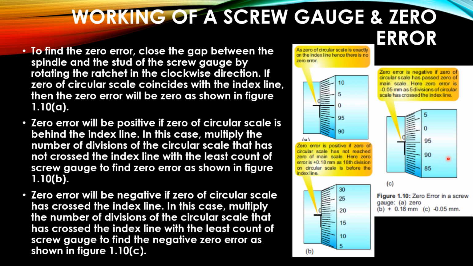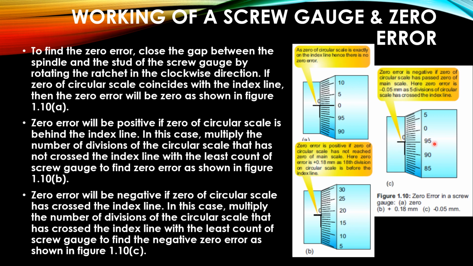Zero error will be negative if the zero of the circular scale has crossed the index line. Here it has crossed the index line. In this case, multiply the number of divisions of the circular scale that has crossed the index line with the least count of the screw gauge to find out the negative zero error as shown in the figure. Here 95 is written, but it's the 5th division which is exactly coinciding with the index line.